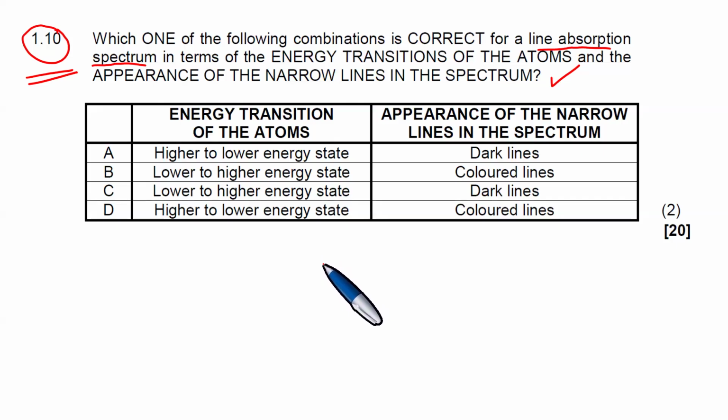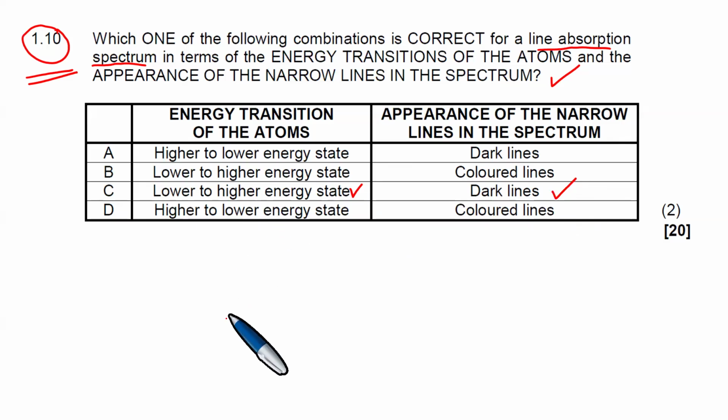And when it comes to the energy transitions of the atoms, you know very well that lower to higher energy state, the appearance of the narrow lines in the spectrum become dark.